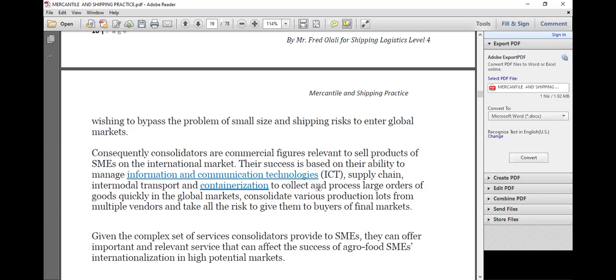Parties taking part in mercantile practice: we have the so-called importers, we have those called exporters, we have the freight forwarders, we have the consolidators, we have the NVOCC. You need to know them with the roles which they play.